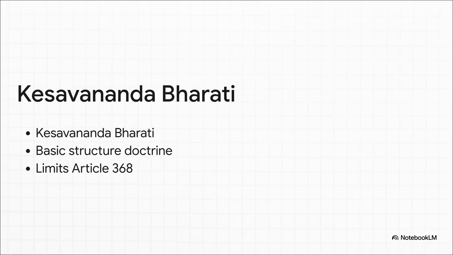First, the background. Swami Kesavananda Bharati challenged Kerala land reform legislation that placed restrictions on his religious property. Ultimately, this evolved into a massive challenge against the 24th, 25th, and 29th constitutional amendments. Second, the ratio decidendi. In a historic 7-6 majority, the court ruled that while Parliament has vast power under Article 368, it absolutely cannot destroy or alter the basic structure.